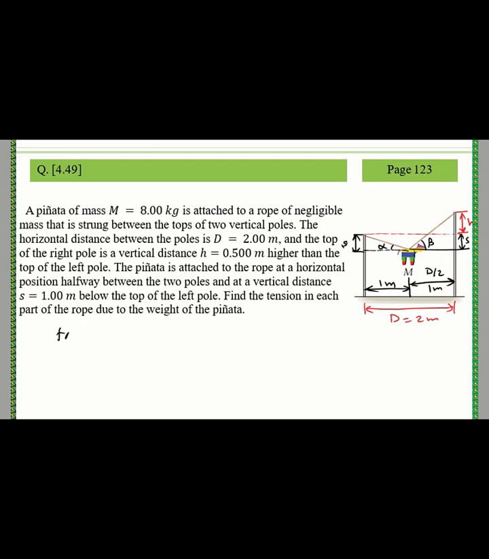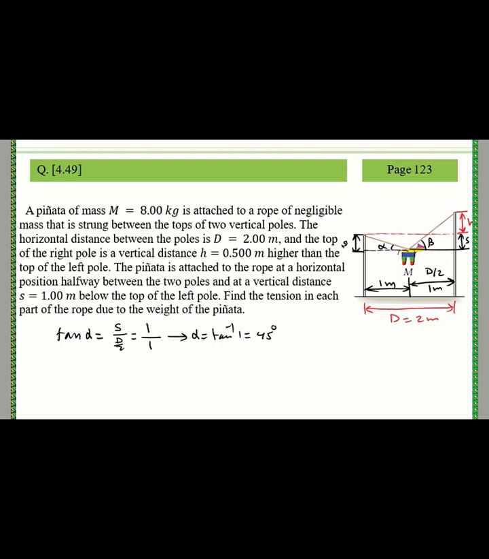Tan alpha, as in the graph, is s over d over 2. s is equal to 1 meter, d over 2 is also 1 meter. Then alpha equals tan inverse 1, which is 45.